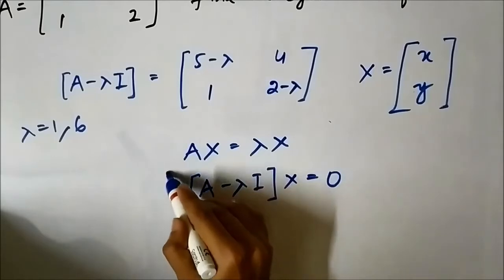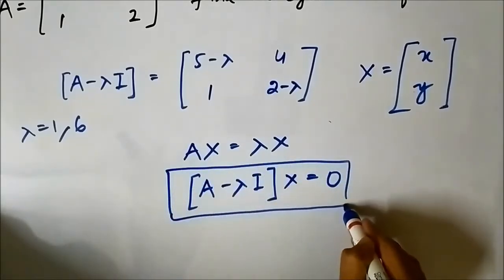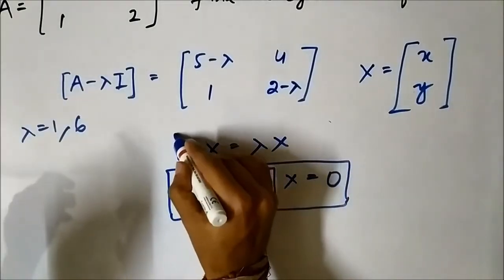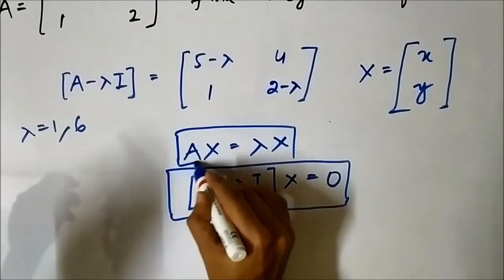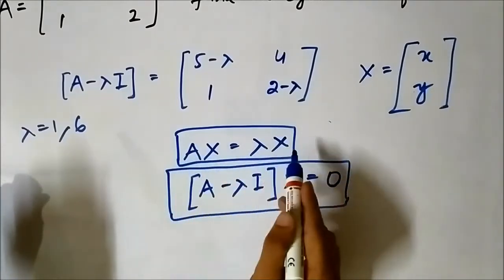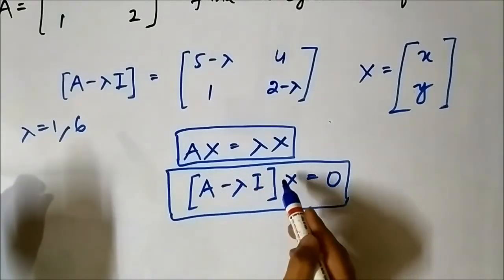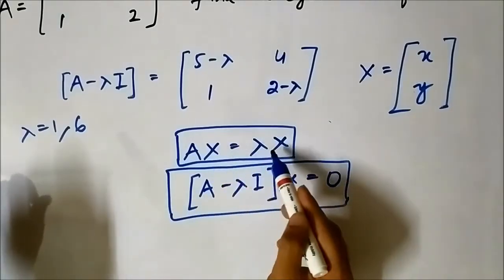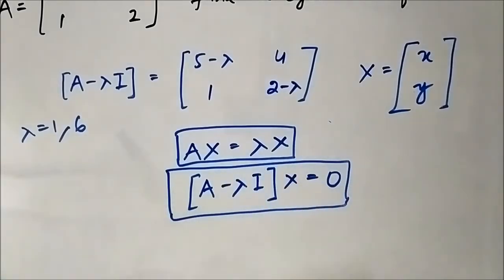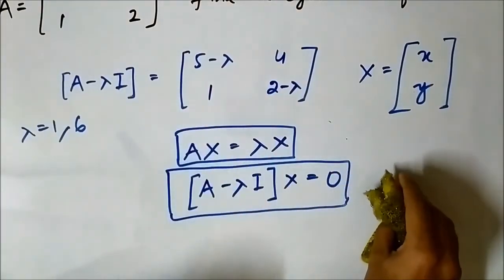Both these are the same. This is one way, this is the other way. So you can approach by any one of the following methods. Either you find Ax is equal to lambda x, you compare on both sides, or you find out this (A minus lambda I) x is equal to 0, because that came from Ax is equal to lambda x. Here we already have A minus lambda I.